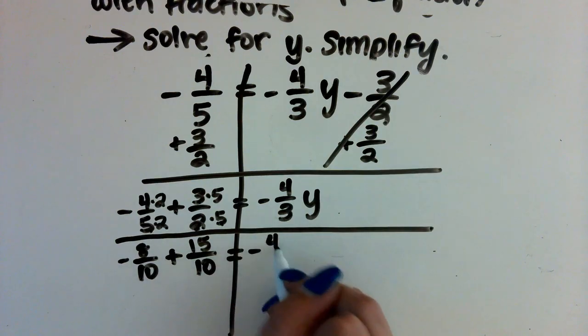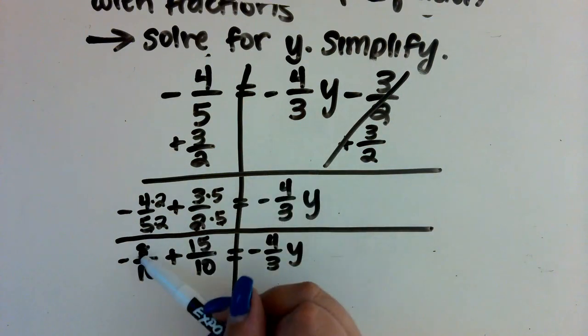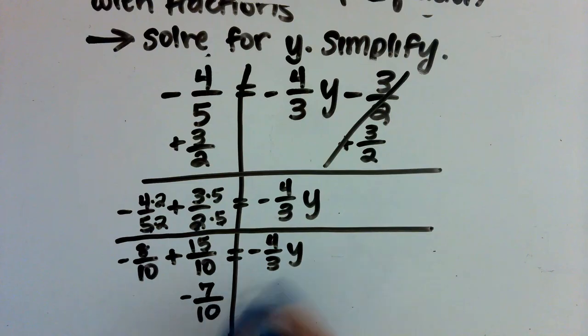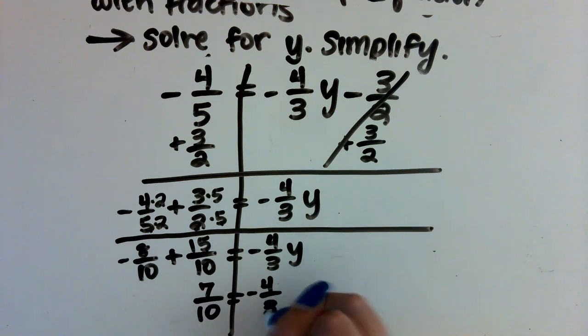Still equal to negative 4 thirds y. Let's go ahead and combine like terms on the left-hand side this time. Negative 8 plus 15 is going to land us with a positive 7 over 10, which is equal to negative 4 over 3 y.